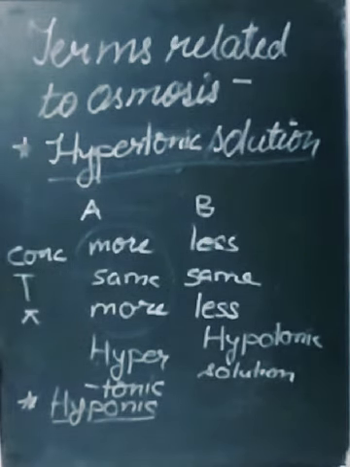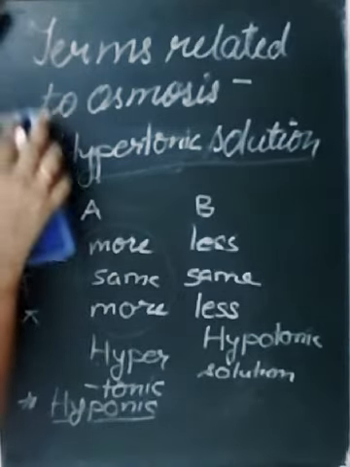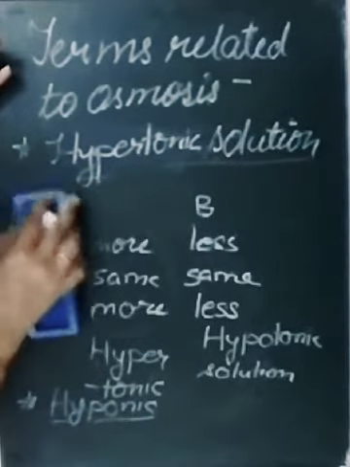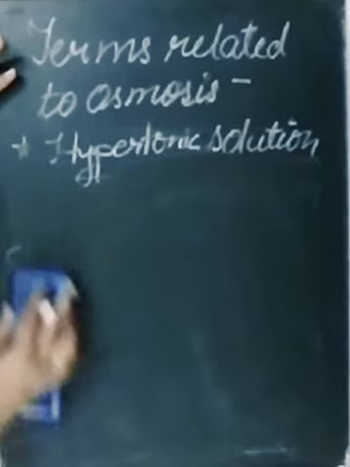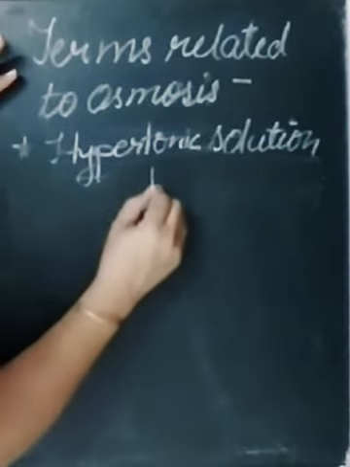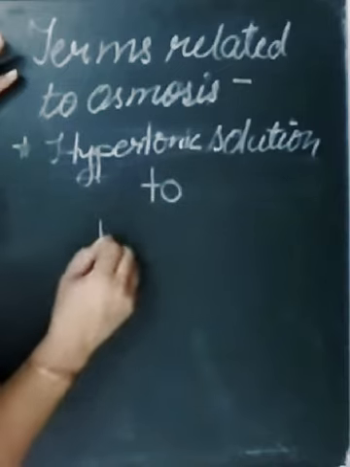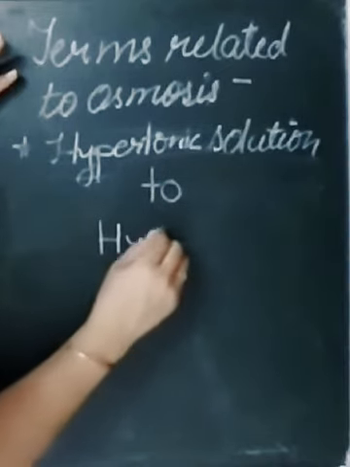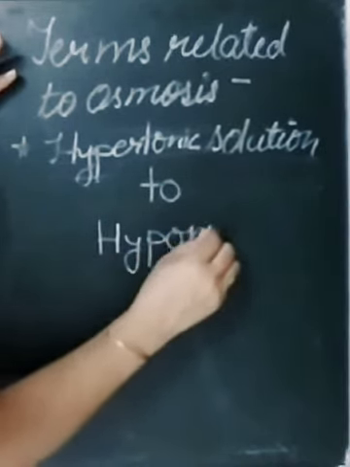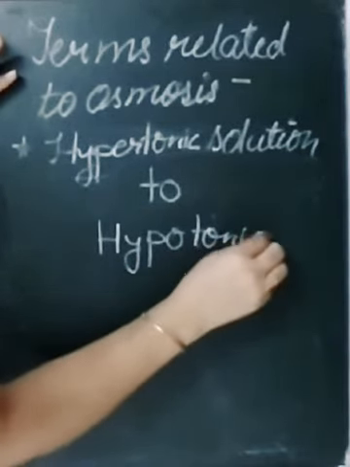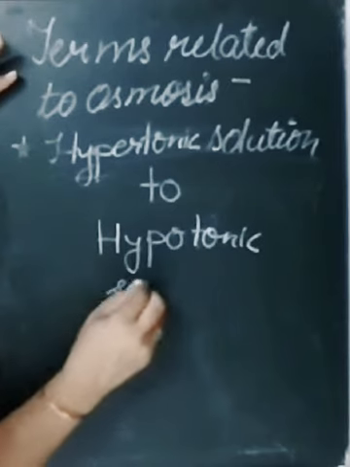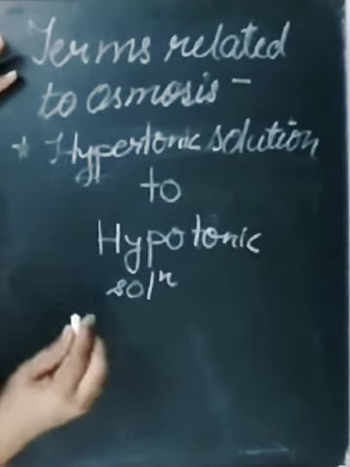Where will the solutes move? Hypertonic solution, solvent particles, no solute movement, sorry. Hypertonic solution to hypotonic solution. Solvent will always move from hypertonic to hypotonic solution. Am I clear? I hope I am clear.